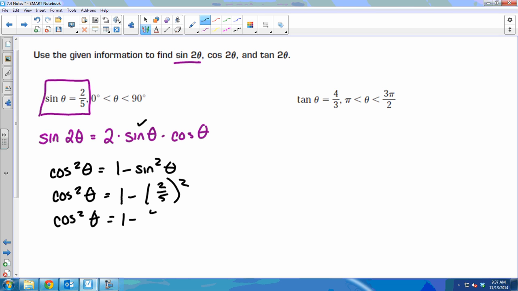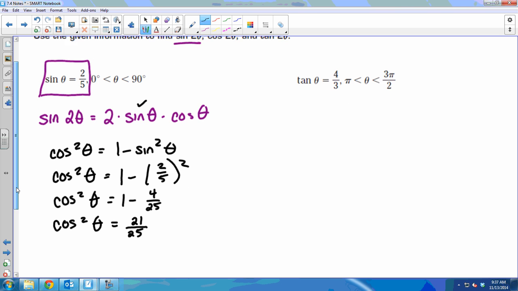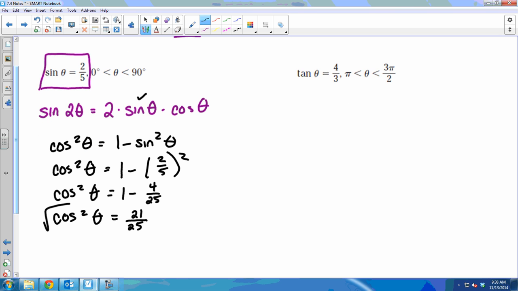Minus 4/25. 25/25 minus 4/25 is 21/25. And then we take the square root. So cosine theta equals the square root of 21 over 5.